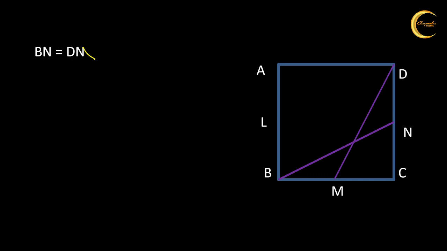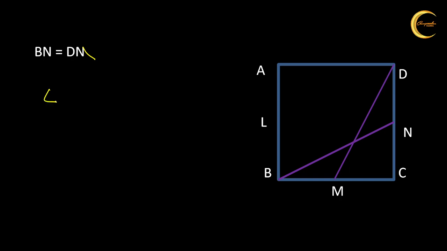Now you can see here easily we can find out the two triangles. In all the solutions of these problems we have to find the two triangles, and we have to prove that these two triangles are equal in all respects, so that we can easily prove these problems.